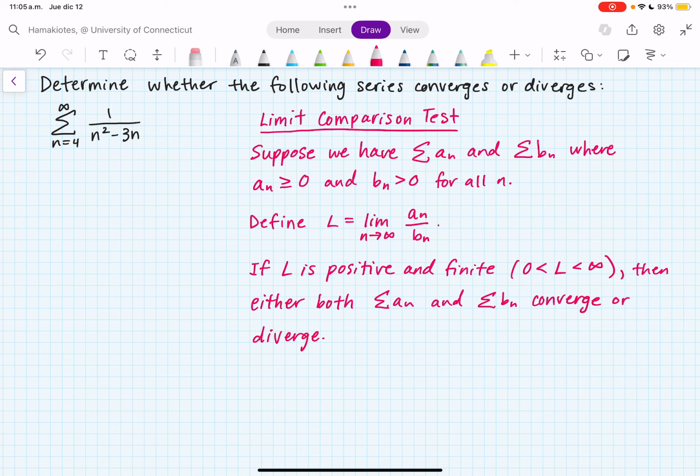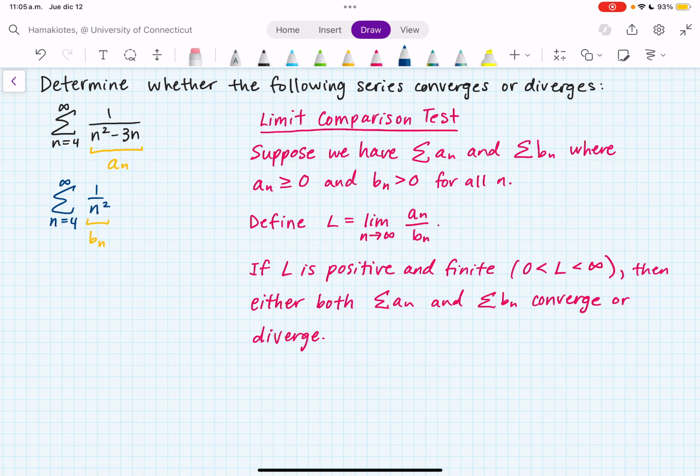So in our case, we have 1 over n squared minus 3n, that's our an, and we want to compare this to the sum from n equals 4 to infinity of 1 over n squared. And the 1 over n squared is going to be our bn. So what do we know about bn?